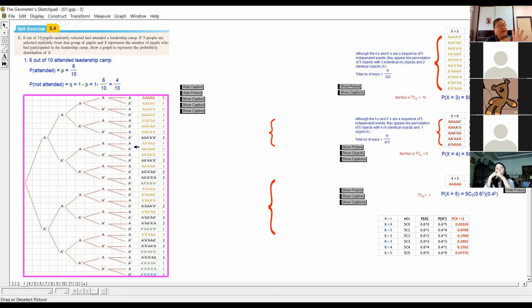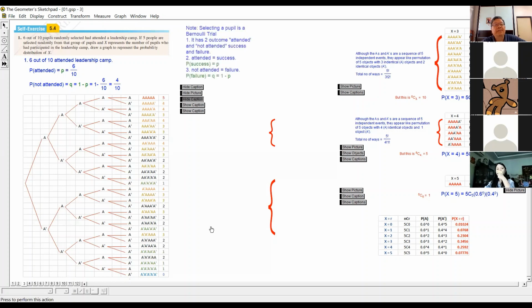Attended, 5 of them, or attended, not attended the course. So there are many possible outcomes. Through the tree diagram, I can list out all the outcomes, and from each outcome I can count how many successes. I can actually count them, right? And the number of successes is shown in the last column.